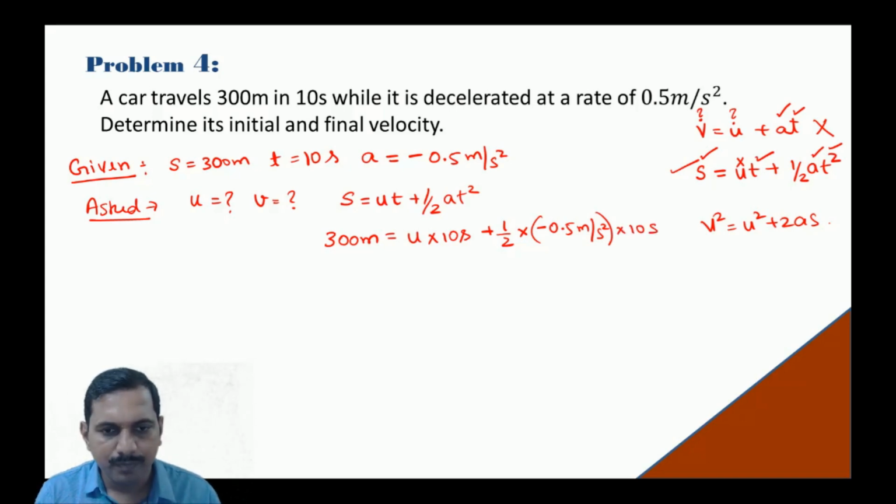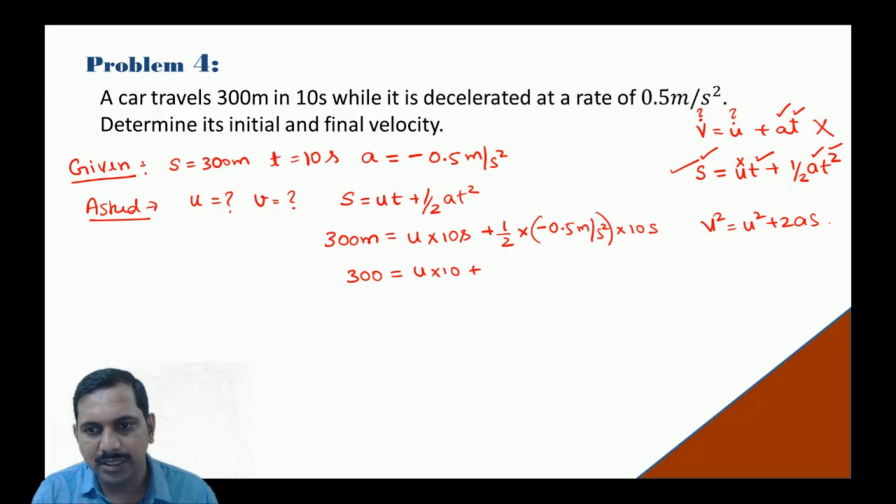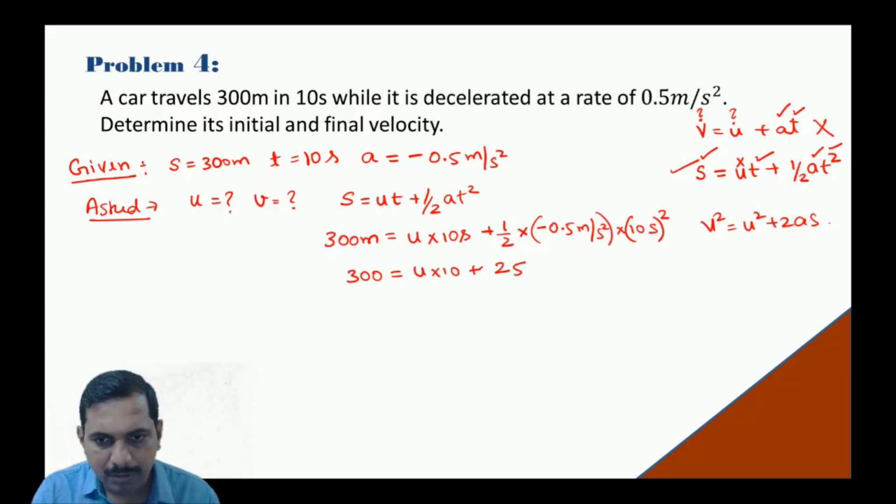Now when you do the simplification, you get 300 = 10u + ... I'm very sorry, here we have to put a square, so this comes out to be 25, not positive but negative, because minus 25 is there.